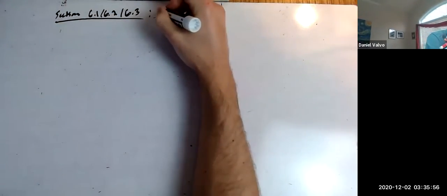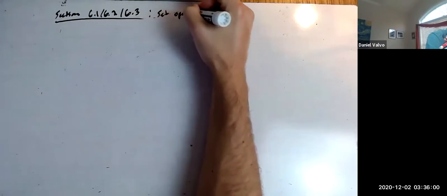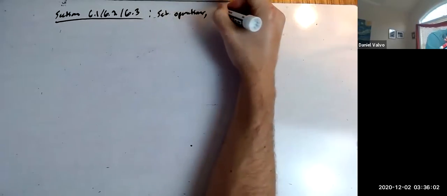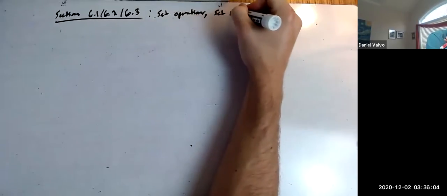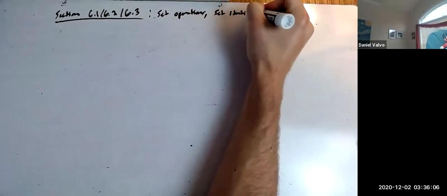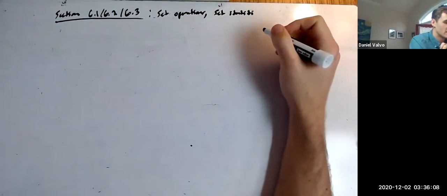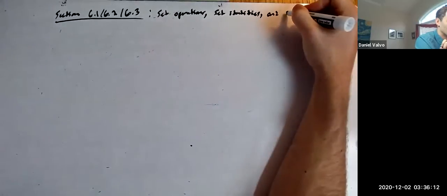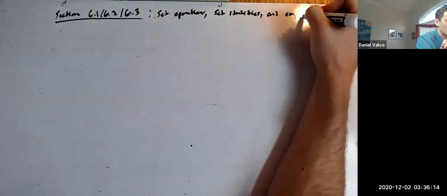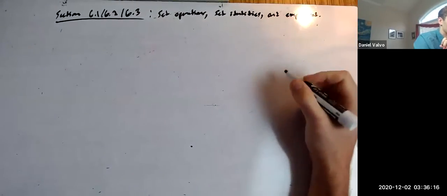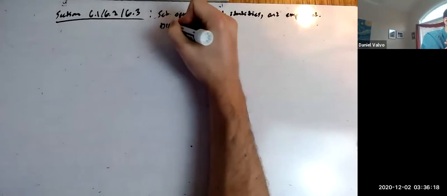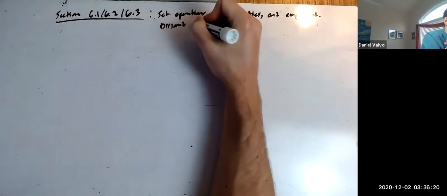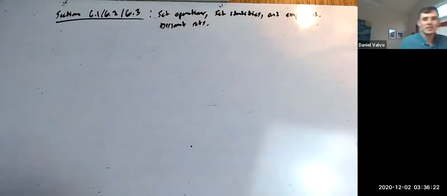And today, if everything goes well, we're going to be covering set operations, set identities, the empty set, and maybe disjoint sets.